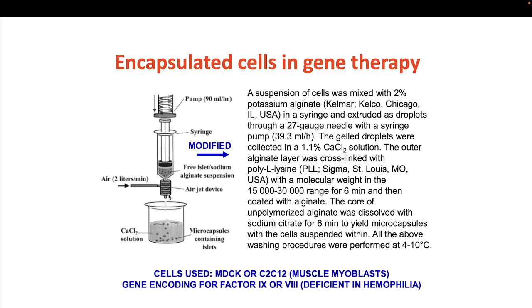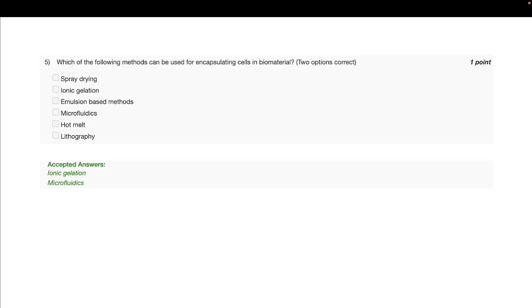You can start putting these cells in the alginate suspension slowly, drop by drop, into this calcium chloride solution, and the calcium and the alginate will then form a network, and this will polymerize the solution. Since you have free cells suspended in this solution, they will be entrapped into this polymer solution, and that's how you can have the encapsulated cells which can then be implanted. So this is one method. This is known as ionic gelation.